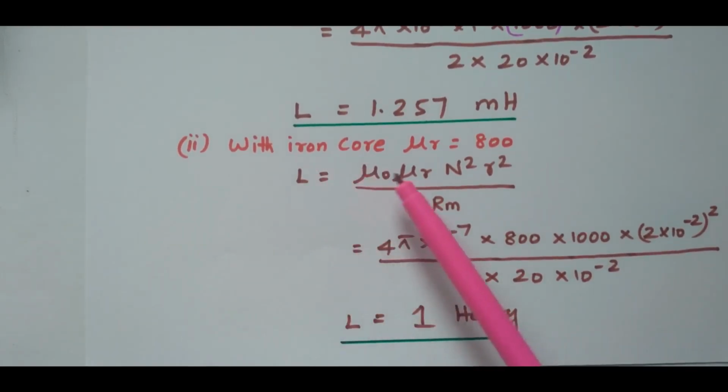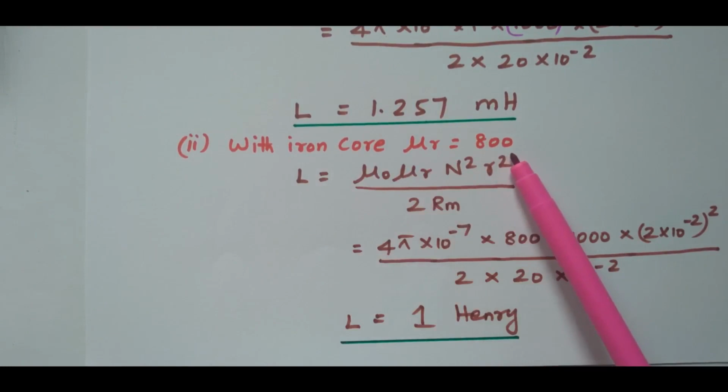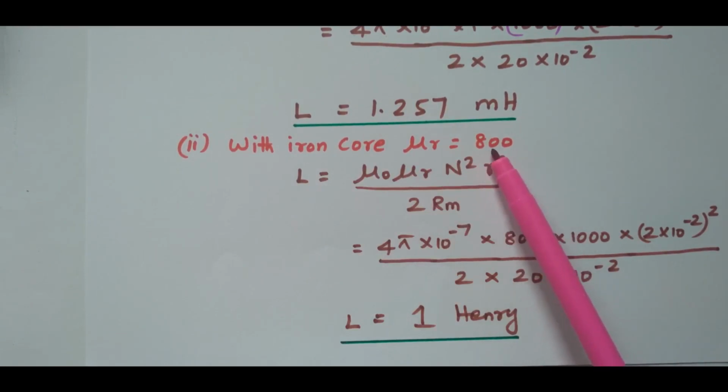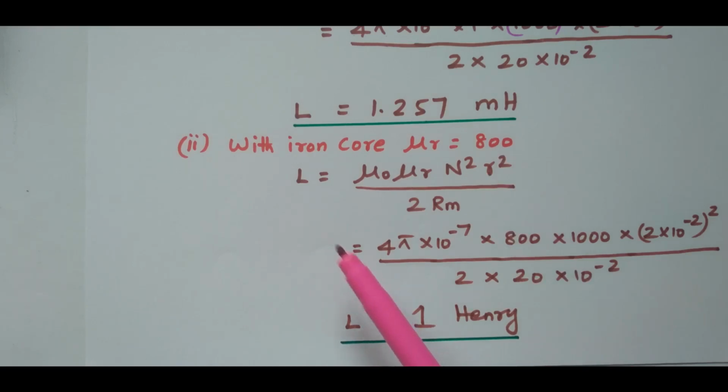Now we'll go to the second condition, with iron core. For that the mu r value is given as 800. All the values are the same, only we need to replace mu r with 800. So the inductance of the toroid is mu naught mu r n square r square divided by 2 rm. Mu naught is 4 pi into 10 to the power minus 7. Here mu r is given as 800, iron core, in the problem itself.